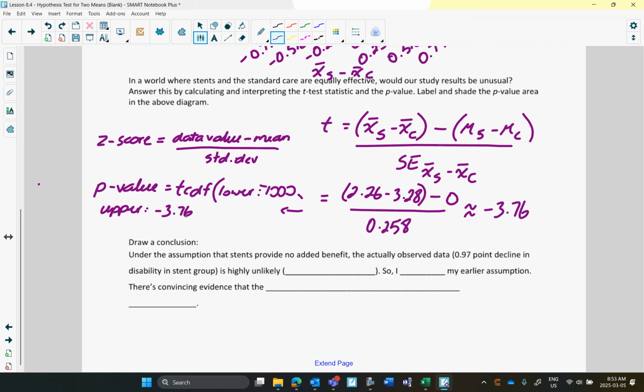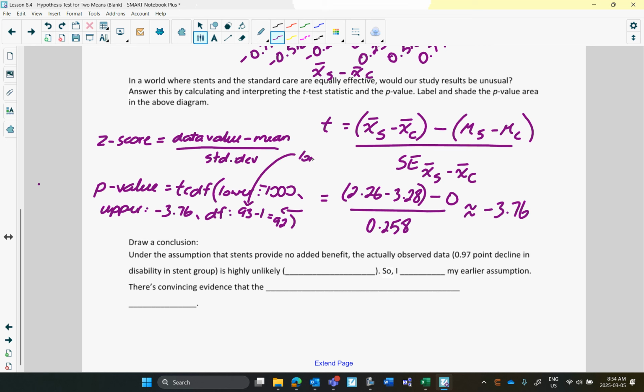And the degrees of freedom, if you remember from yesterday, to find the degrees of freedom, we take the sample size minus 1. But if there are 2 samples, take the lower one. The lower sample was 93 in the control group, so it's going to be 93 minus 1 equals 92.